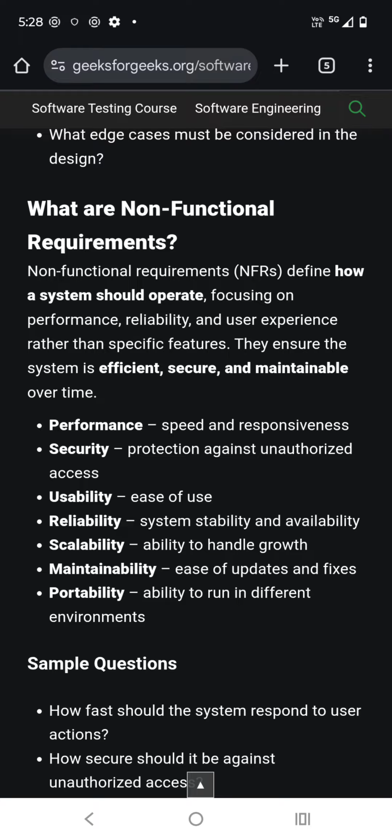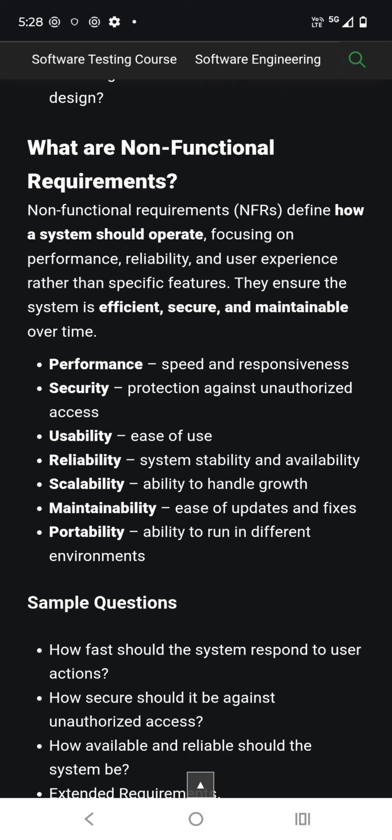Reliability: how reliable is the system, I mean the availability. Let's say we have one server or two, three, four servers in the back end, you should decide. Whenever the load is very high, you should have the server capability to serve the requests. Even if one or two servers fail, the remaining two will help you handle the load, right?